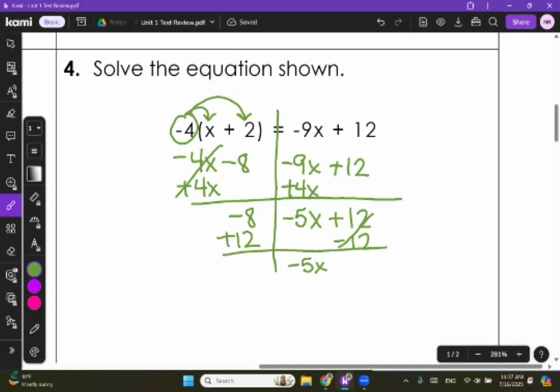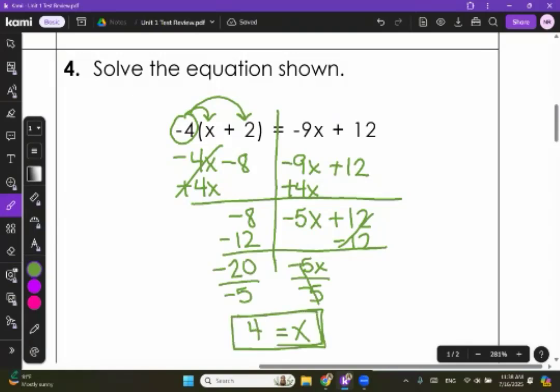Negative 8 plus 12. I did something wrong. Hold on. Oh yeah, that's what I did wrong. It's a minus 12. Sorry. There we go. Minus 12, minus 12. That gives us negative 20. Okay. Last step, divide by negative 5. So you get x equals positive 4.